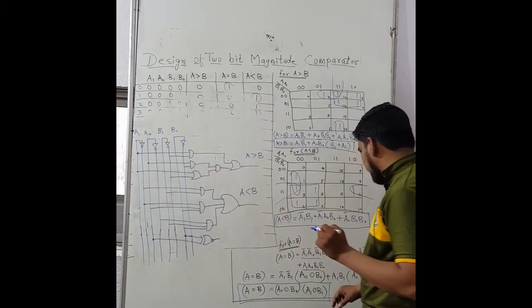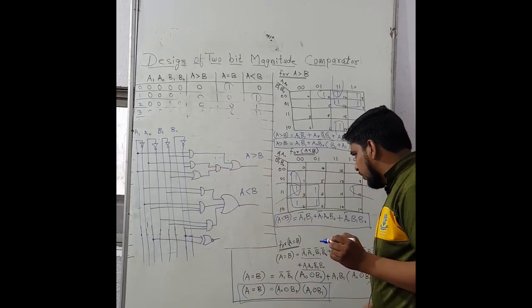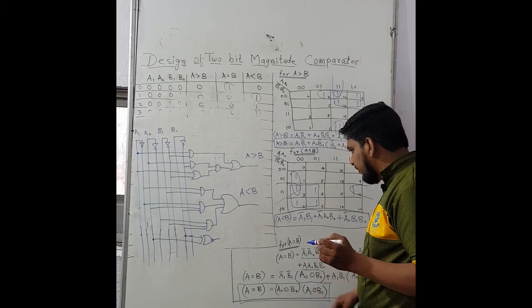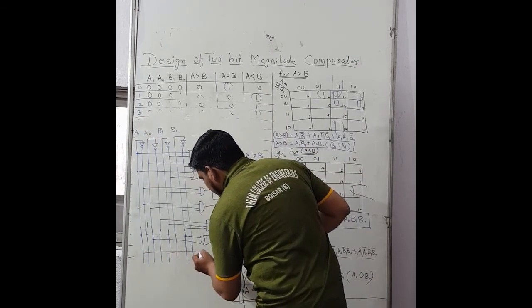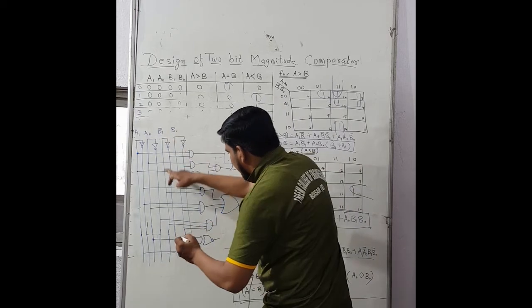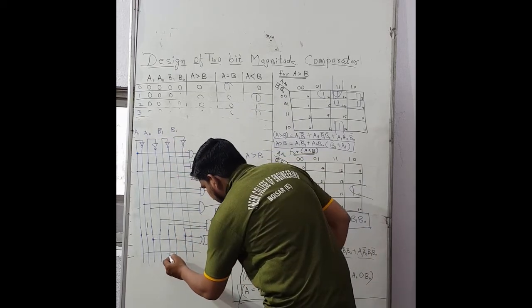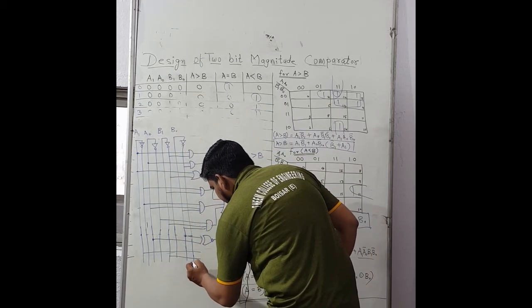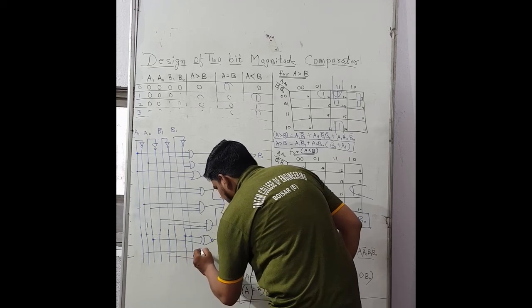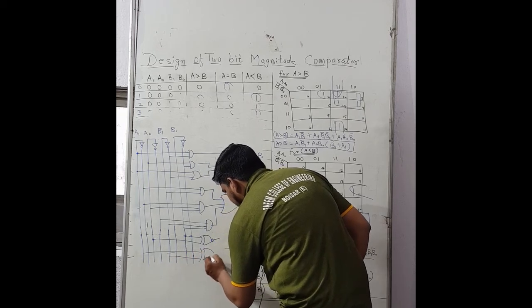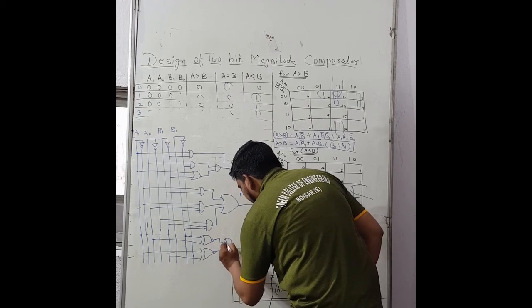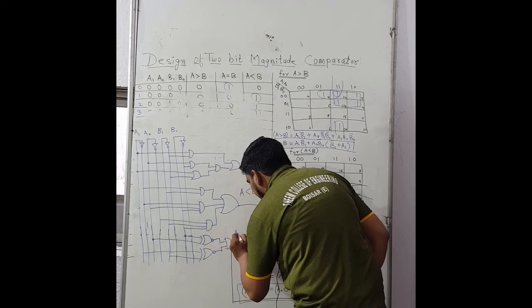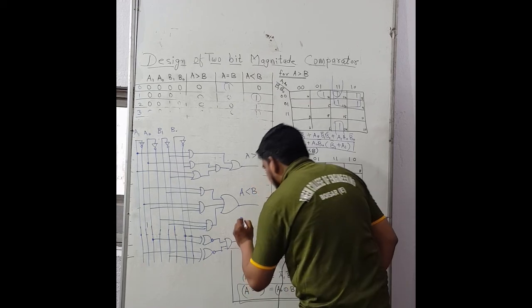A1 from this side, and B1 from this side. Both are applied to one more XNOR gate, and between these two there is an AND operation. So here you are getting A is equal to B.